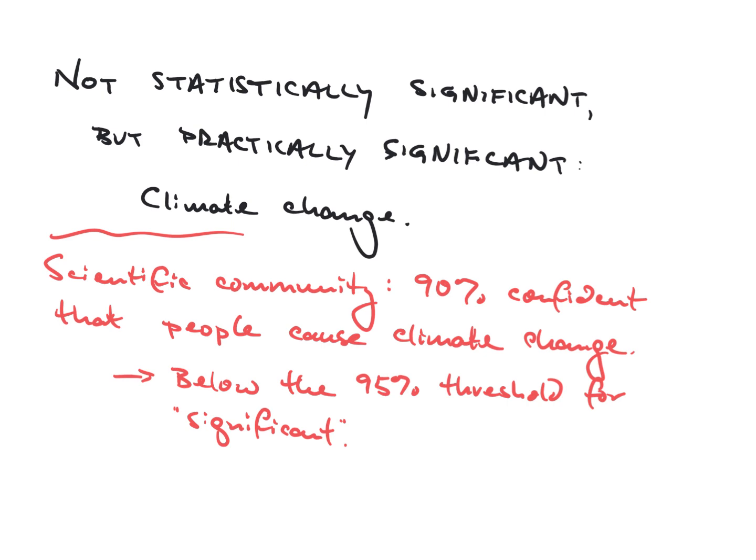Again, 95% is the usual threshold that scientists use. Okay. So let's suppose that the scientific community believes there's about 90% chance that humans are causing climate change, 10% chance that it's some natural phenomenon. Okay. Now, the standard scientific reaction would be, if we're less than 95% confident, it's not proven. Okay, it's not statistically significant.